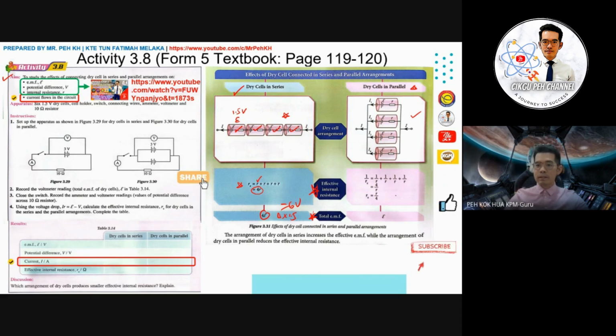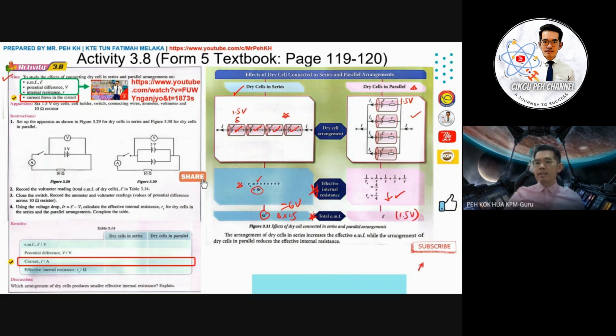The effect is that the effective internal resistance decreases, and the total E.M.F. contributed is only that of one dry cell. Let's say we're using batteries with a value of 1.5 volt. When 4 batteries are arranged in parallel, they will also contribute only 1.5 volt.